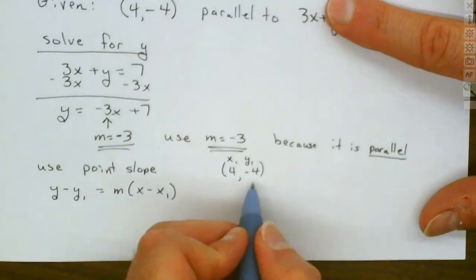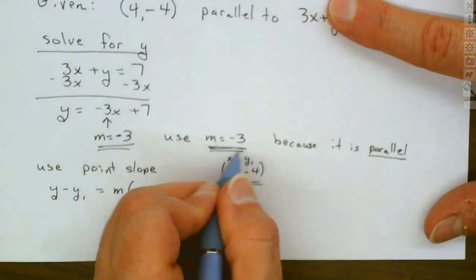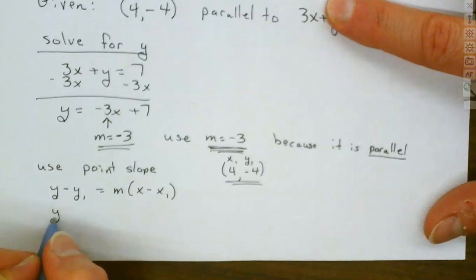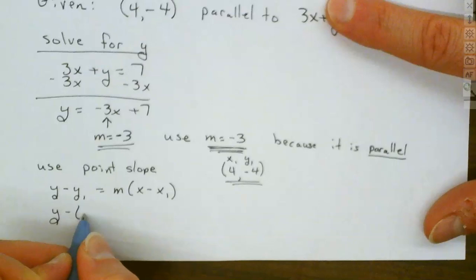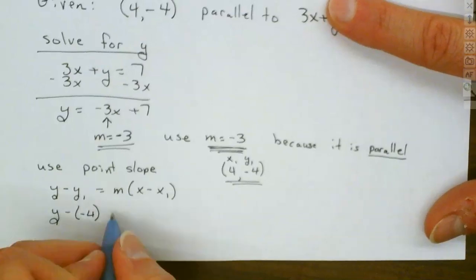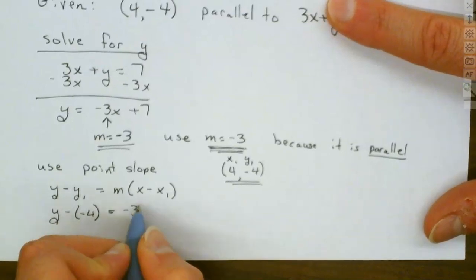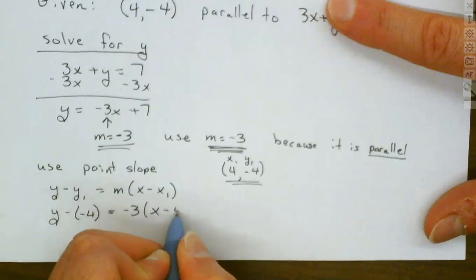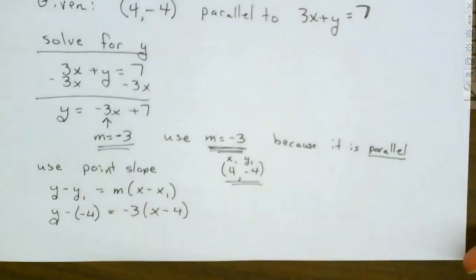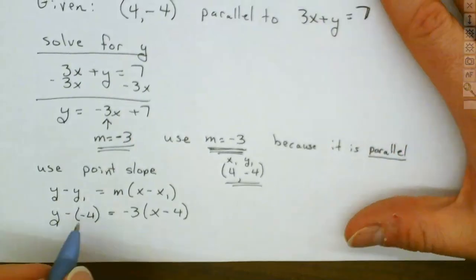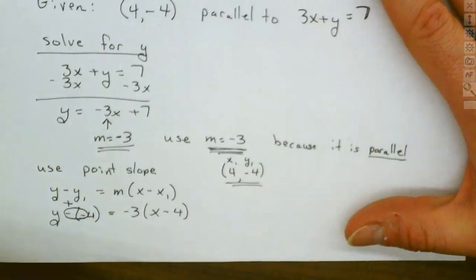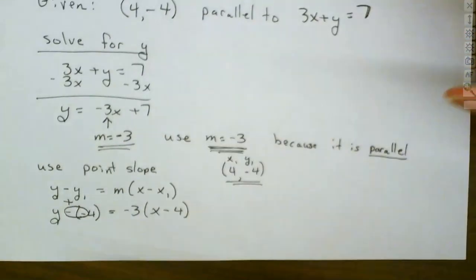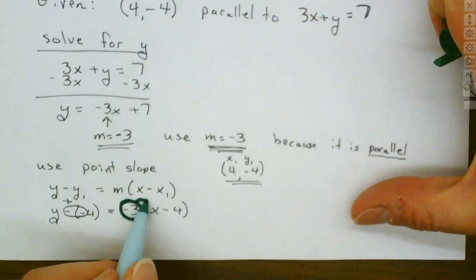And we can fill it in with this and our slope here. So now we've got y, watch your signs, minus negative 4 equals negative 3 times x minus 4. So watch out for double negatives. The double negatives are going to make that positive, and then we're going to distribute the negative 3 through.